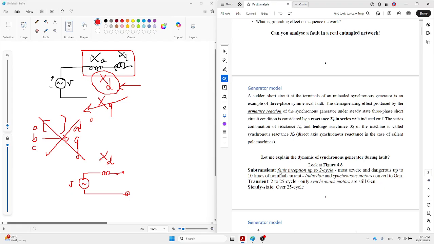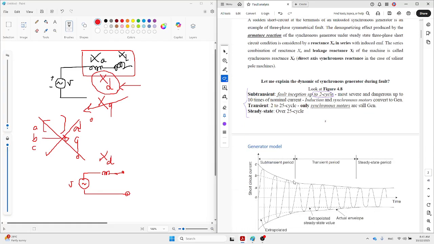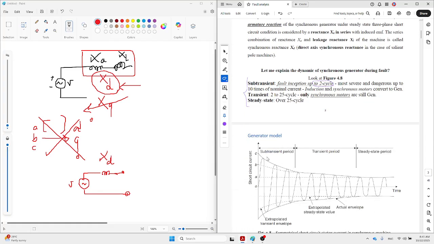We should divide the faulty condition into three major parts. The first part is the fault inception, which is up to two cycles. This one is very important. When the fault started at this point, it is mostly considered by this point.